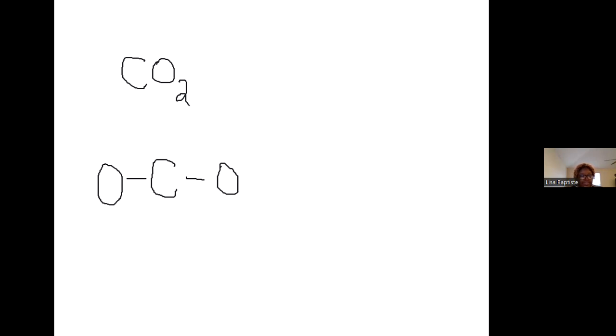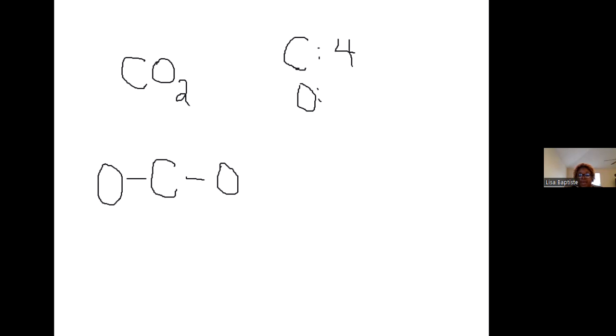So the next box, it says calculation, number of valence electrons and number of bonds. And so, first of all, the valence electrons, the way that I like to do it is I like to go through each element and figure out the valence electrons for each element and then add them all up. And so carbon, because it is in group 4A in the periodic table, has 4 valence electrons, all right?